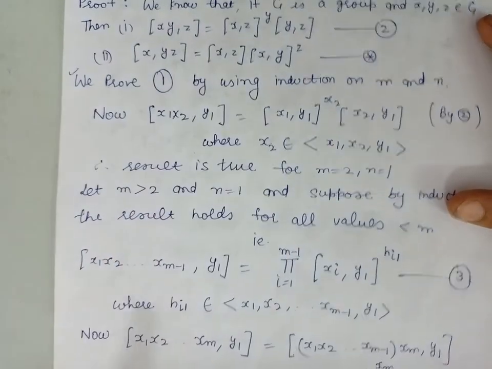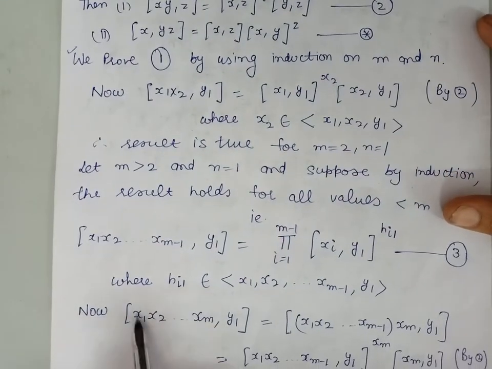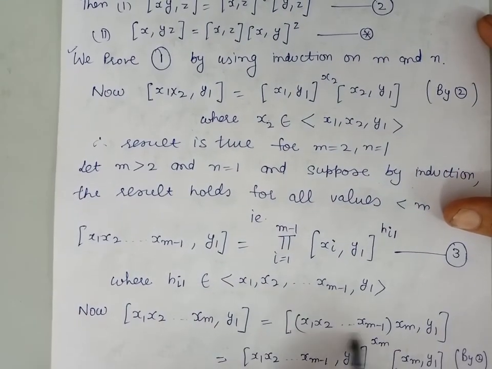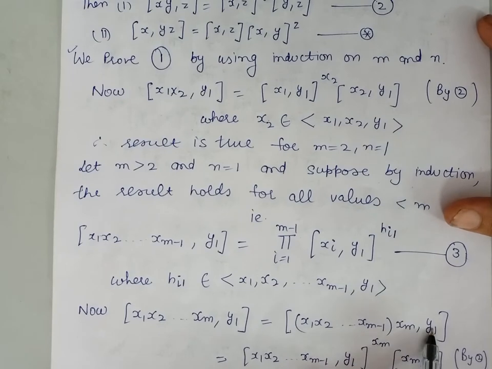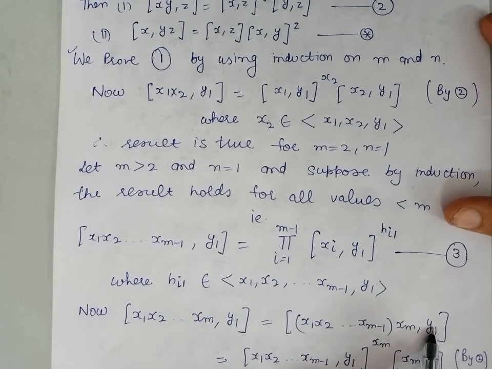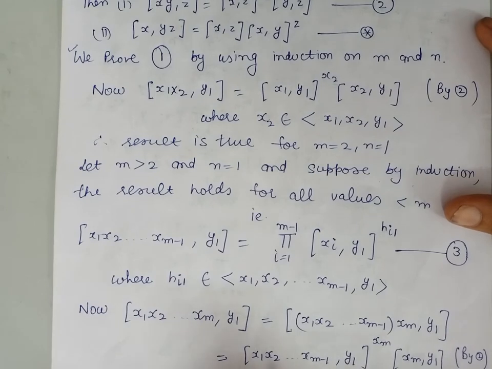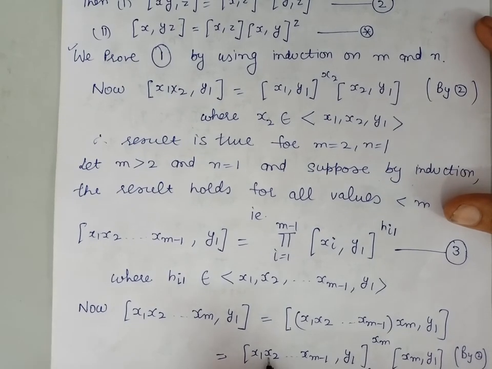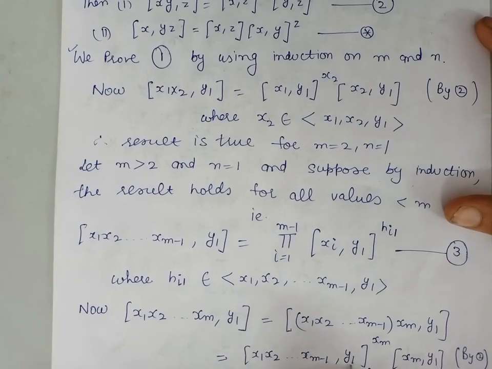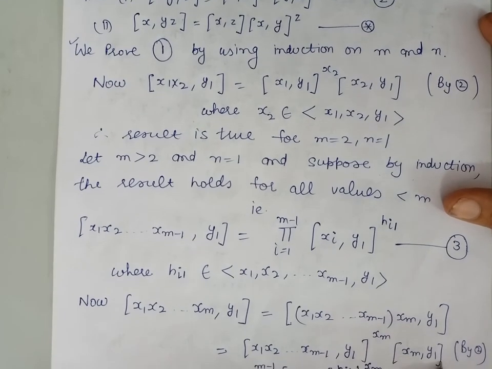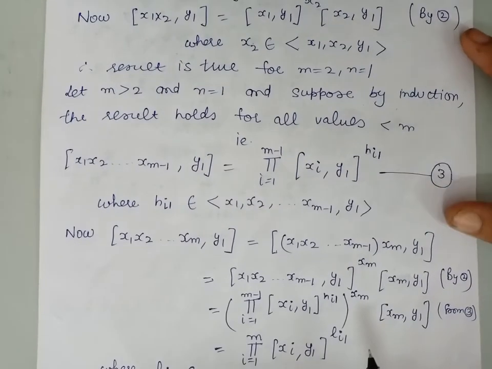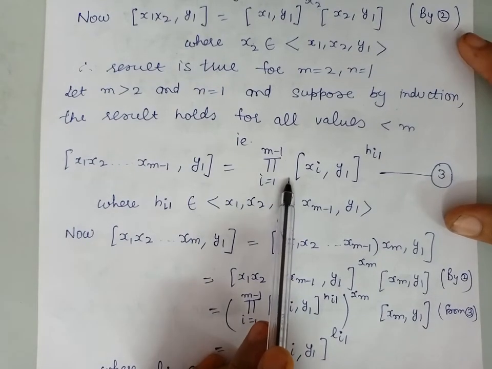Using this identity, this will be x, this is y and this is z. So substituting the values from the second identity, this will become the commutator of x1 into x2 into x3 up to xm minus 1 with y1 in the power we have xm, into the commutator of xm with y1.